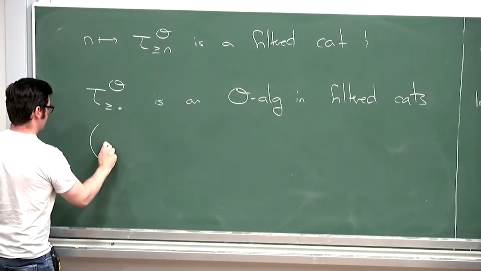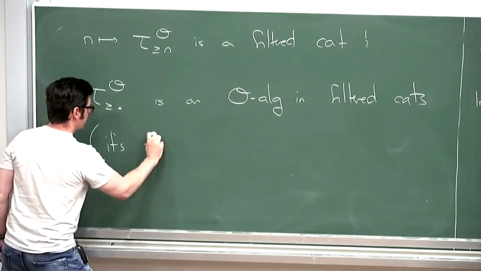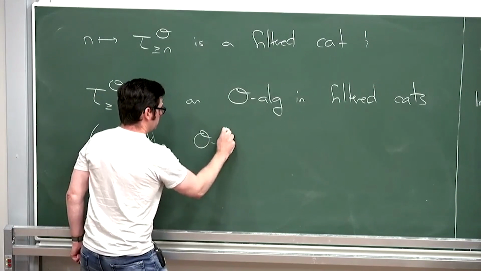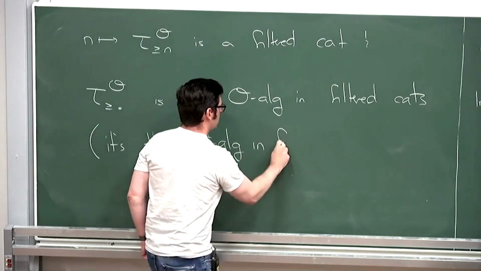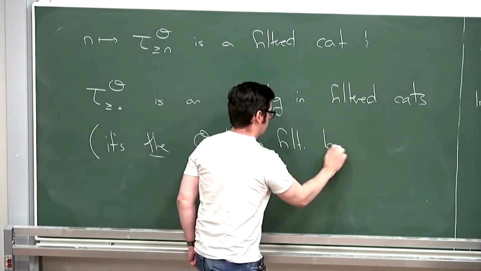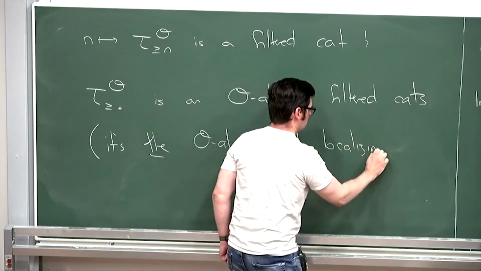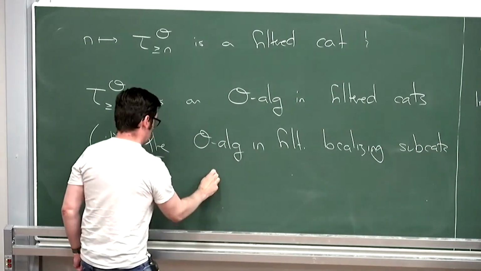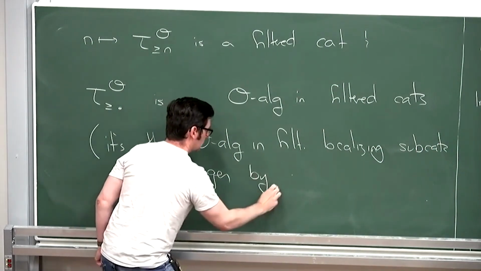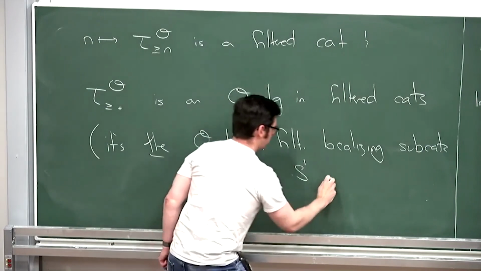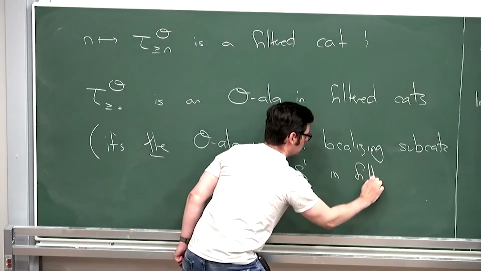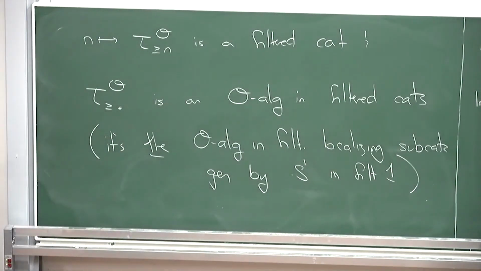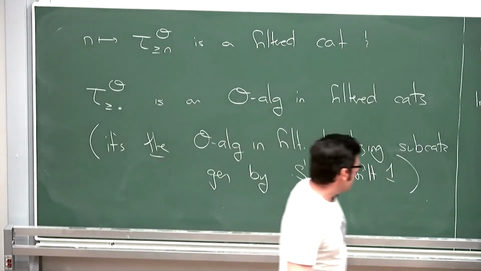In fact, it's the O algebra in filtered localizing categories generated by S1 in filtration 1. So there's a sense in which it's universal. But this is all I needed.